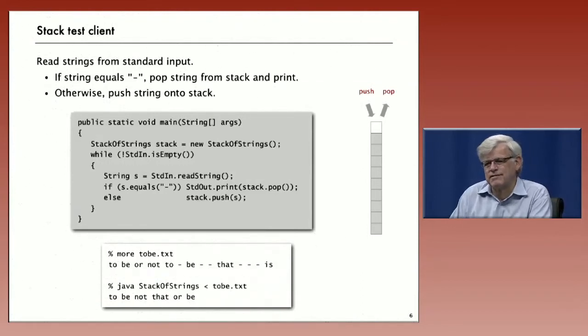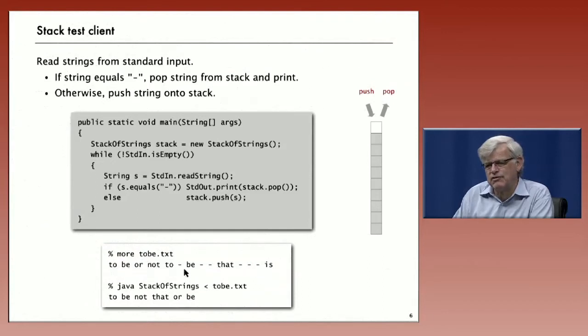Otherwise, if it's a string that's not equal to the hyphen character, it'll just push it onto the stack. So in the example down below here, if we have this file called tobe.txt, then what the client will do is push to, be, or, not, to all on the stack.